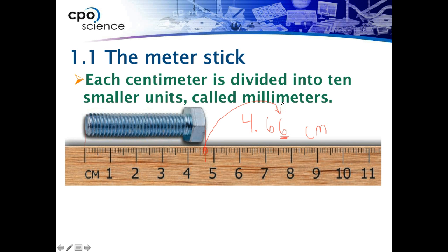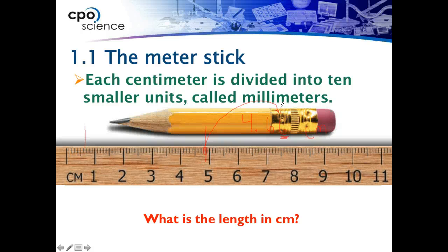Okay, so let's look at another one here. Okay, here is the pencil, and there we go, erase the pen. Alright, so now we can do this here. Now this pencil is not lined up with the 0 mark over here.